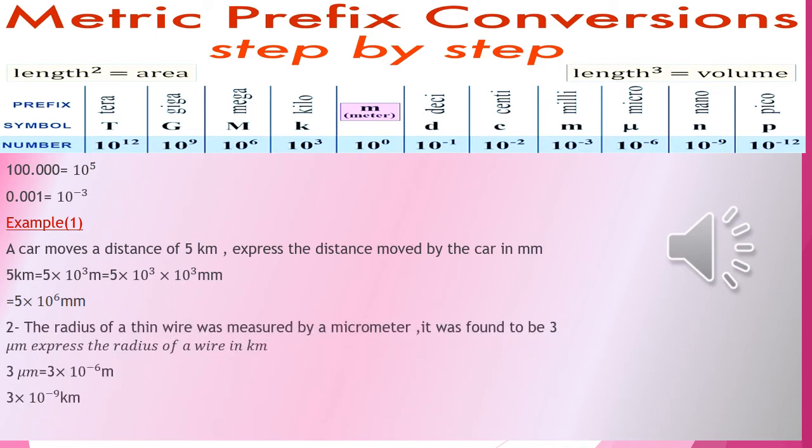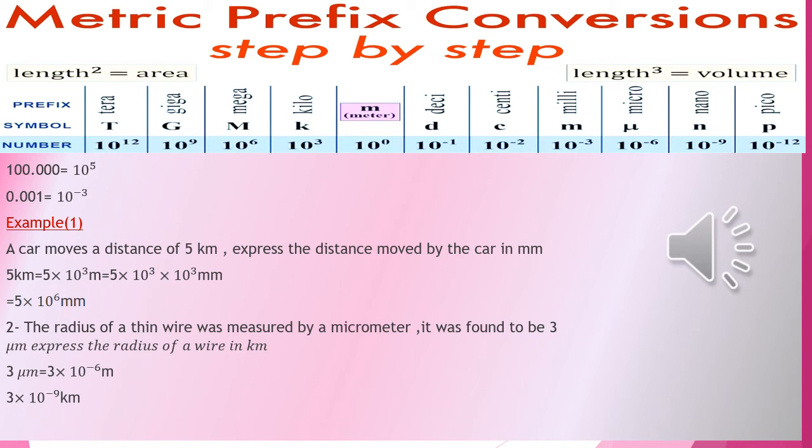Now we'll talk about multiples and fractions of units. When I say 100,000, it's very difficult to write such values, so we prefer to express this value in the form of a power of 10. We can read 100,000 as 10 to the power 5.